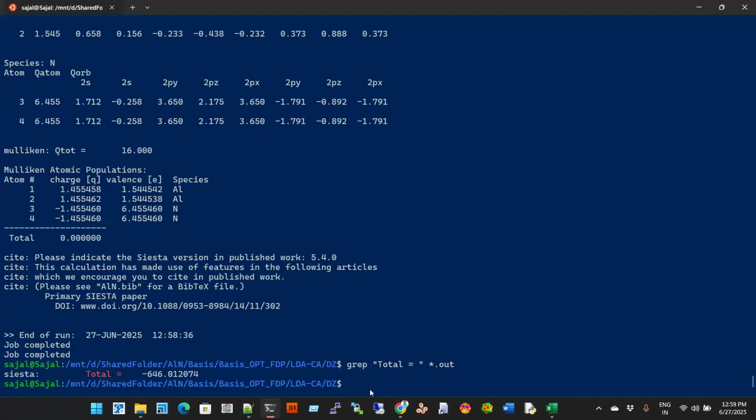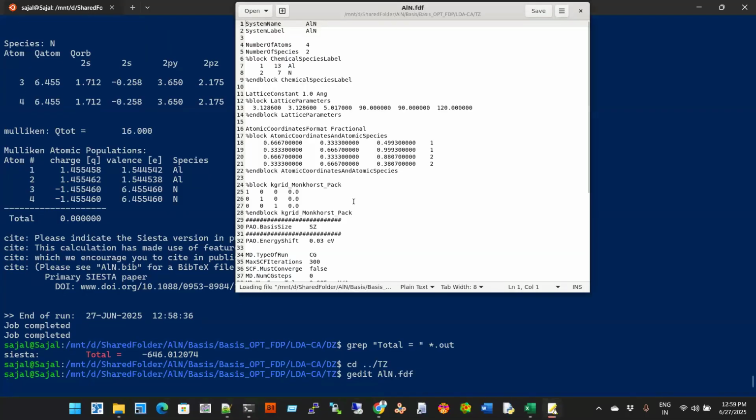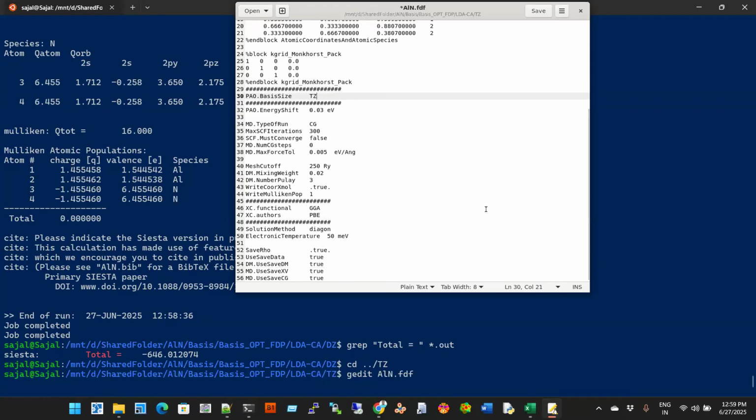After that TZ. Go to the TZ folder. Make this SZ to TZ, LDA CA.